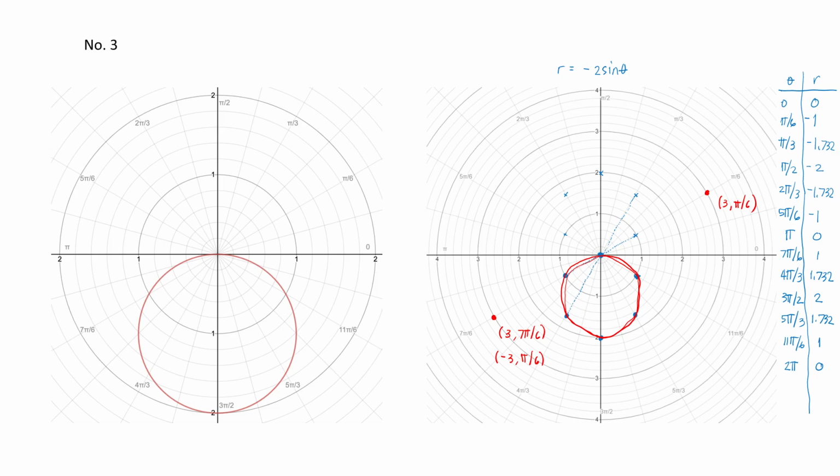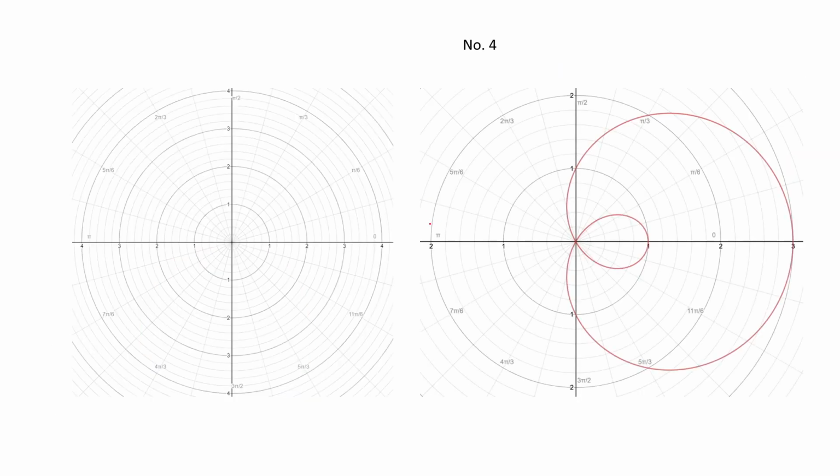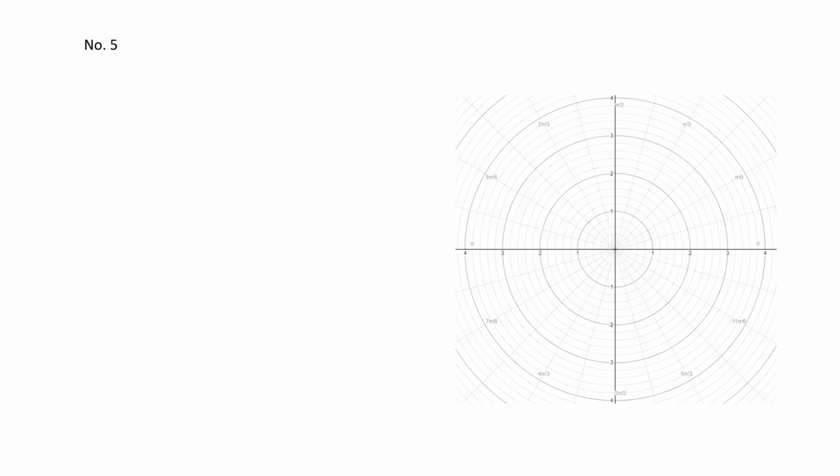All right. So for numbers 4, 5, and 6, I'll just leave this one to you. So this one is 1 minus 2 cosine theta. So r is equal to 1 minus 2 cosine theta. So you can answer this one on your own later to verify the graph. So for number 5, it's r squared equals 25 cosine 2 theta.